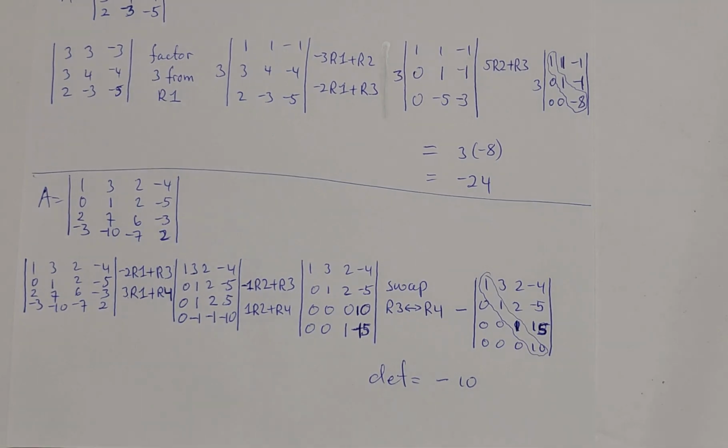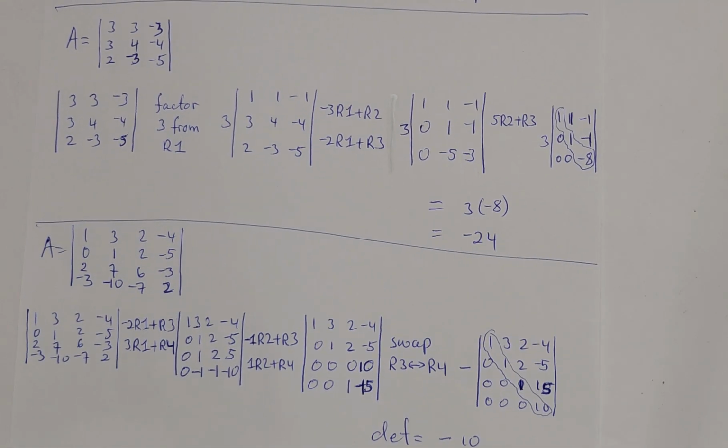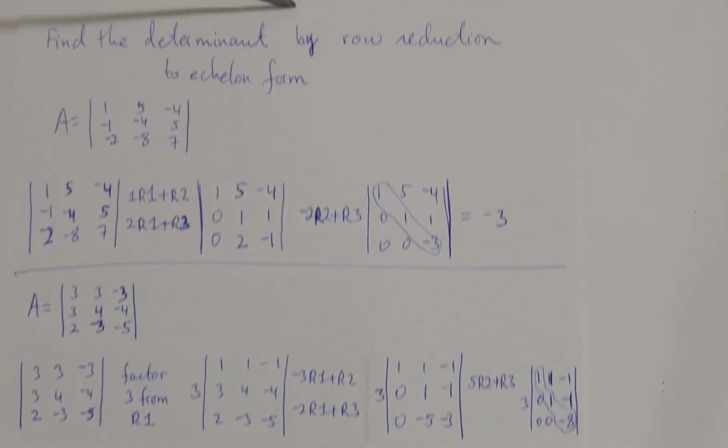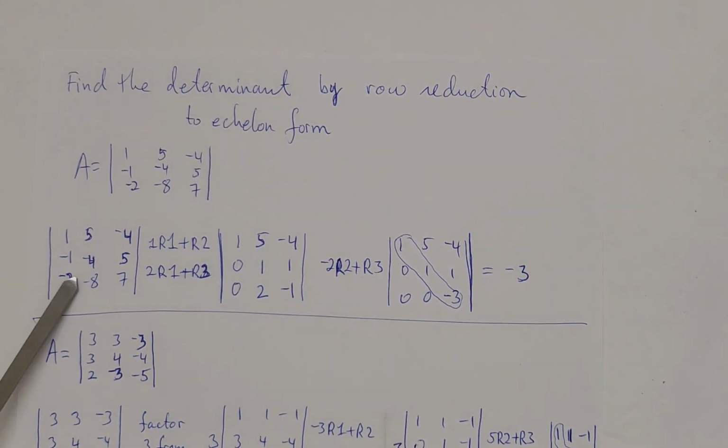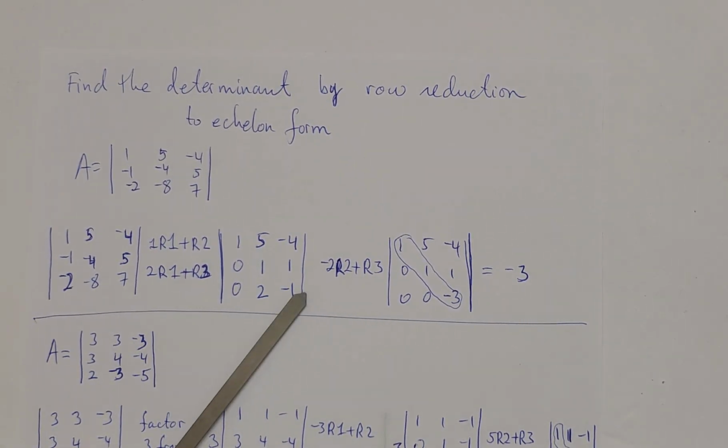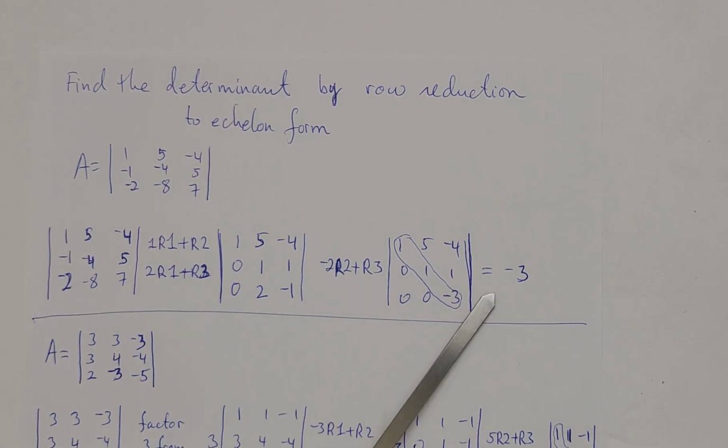Okay, so in this lesson, I want to show regular row reductions with no factor, no switching rows nor columns. This is just regular row reduction.